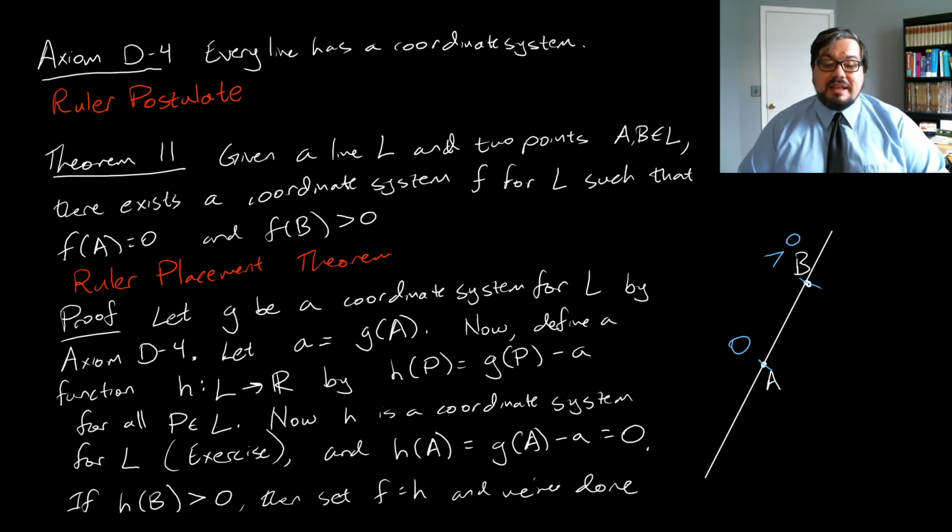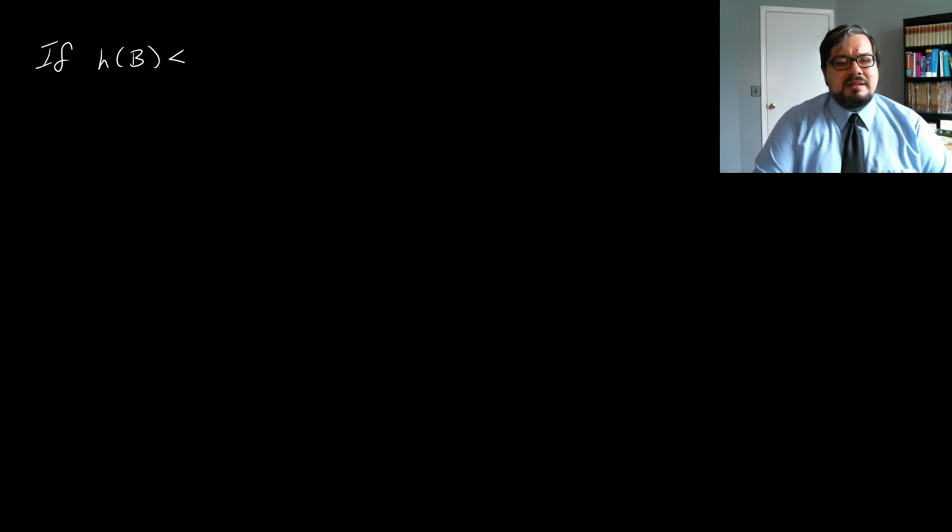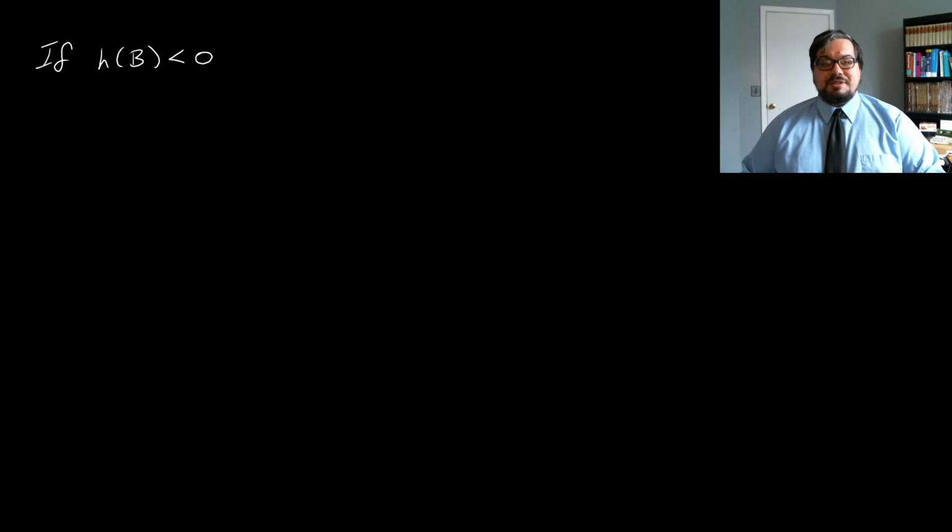If it happened to be the case that h already had the property that the coordinate of B under h was positive, then h is the coordinate system we want in the theorem, and we're done. However, that might not be the case. So, if h of B is less than 0, then we need to do something else.